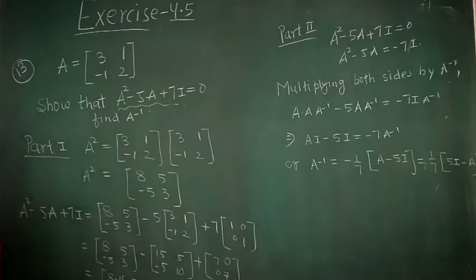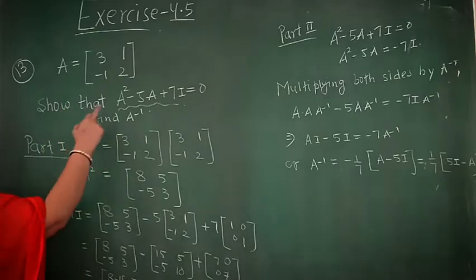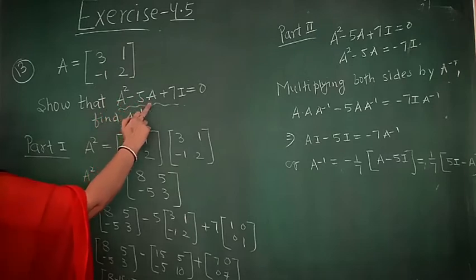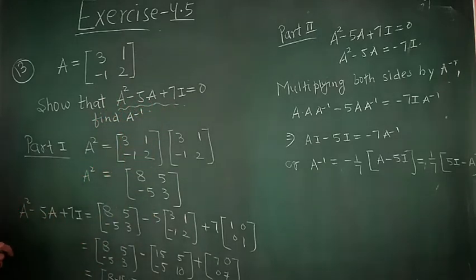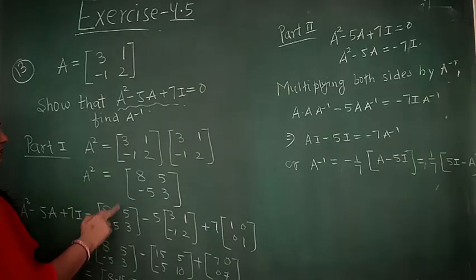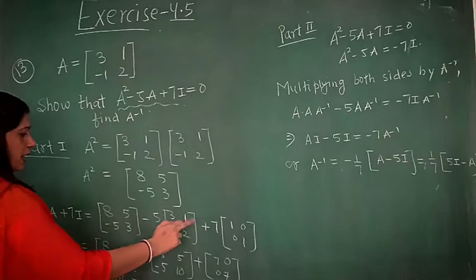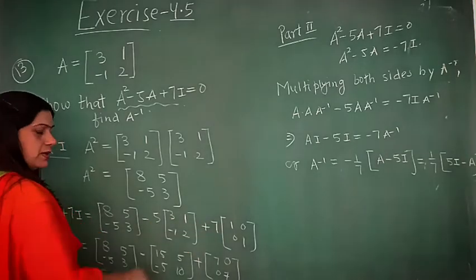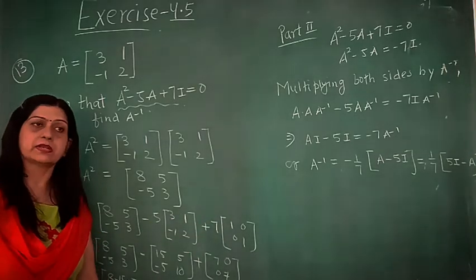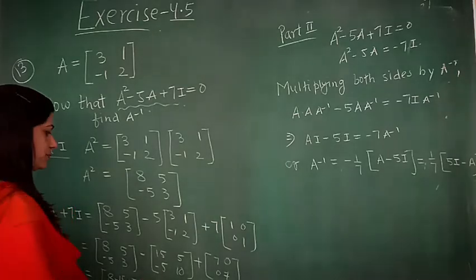Now, next you have to put the values of A square, 5A and 7I in this equation. So let us substitute the values. I have already substituted the value of A square minus 5A plus 7I, where I is the unit matrix, the identity matrix of the same order.